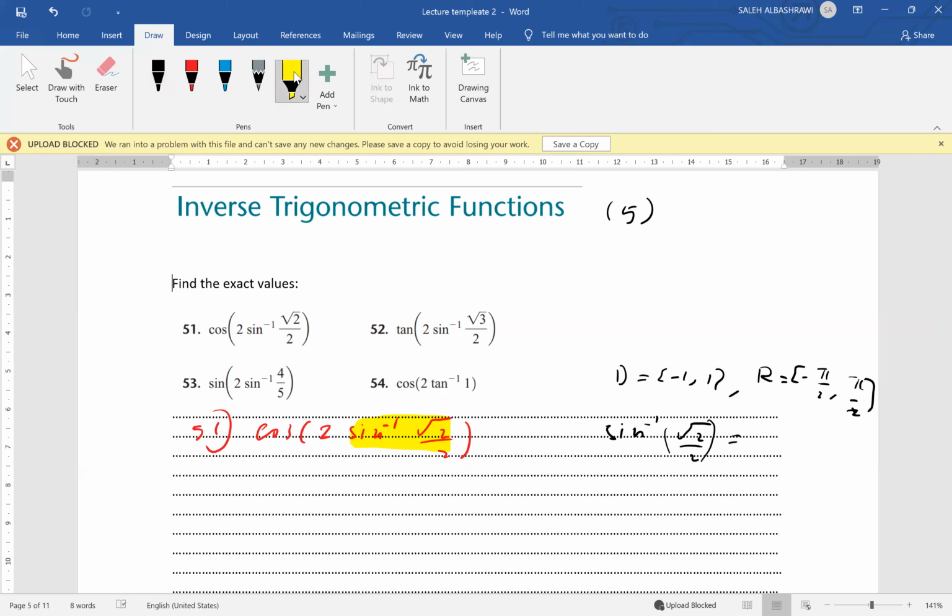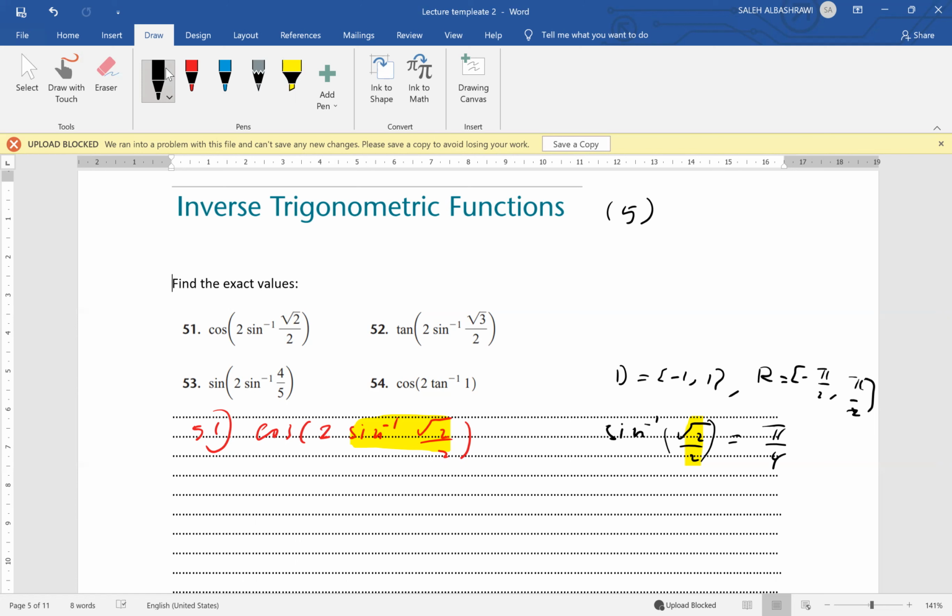And since we have a positive square root of 2 divided by 2, it will be a positive angle. This is equal to 45 degrees or pi over 4. We know that sine inverse of square root of 2 over 2 equals pi over 4.